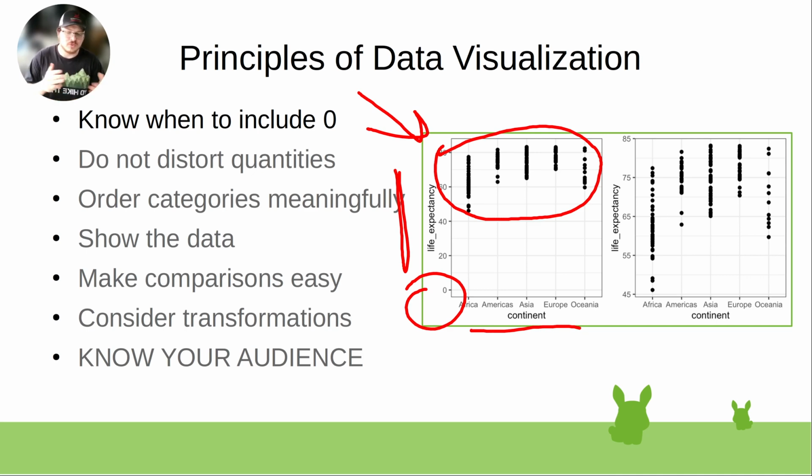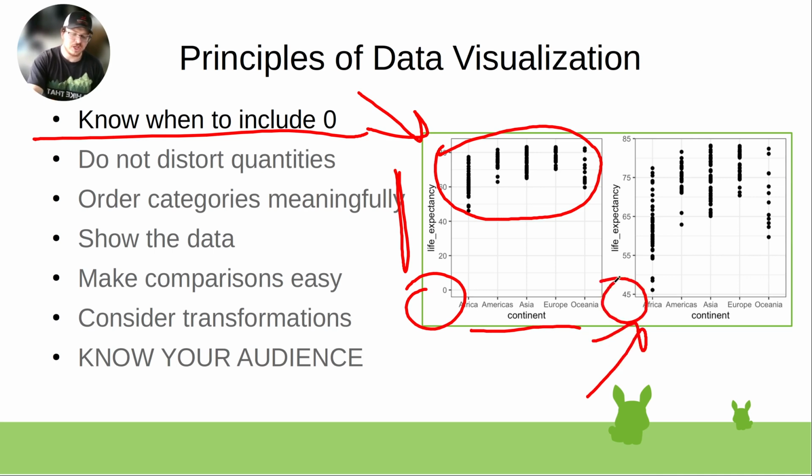Okay, so on the right here, we are going to know when to include 0, and we're going to recognize that including 0 in this situation is hurting our visualization of our data. So on the right graph here, we take the same data and we change the minimum value for our y-axis from 0 to 45. And the reason for that is 45 is the low end of the life expectancy for our data set.